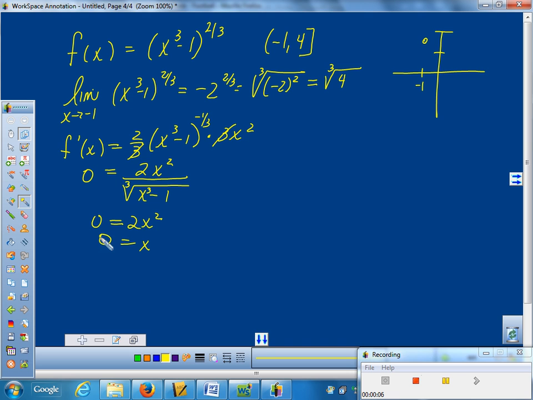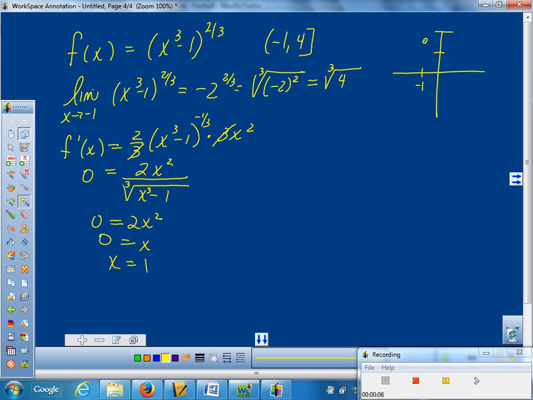Would 1 have been a legitimate value in the original problem? 1 minus 1 would have been 0 to the 2/3, which is 0. That's a good number. So then yes, 1 is also a critical point in this situation. You see those fraction powers? That's like screaming at you. I'm going to get those special critical points. Happens most of the time with them.